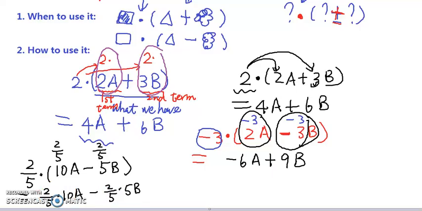So I'm going to put 10 over 1 and 5 over 1 here. So they both look like fractions. To multiply 2 over 5 and 10 over 1, we can multiply straight across. So we get top times top, 20, bottom times bottom, 5, 20 over 5.